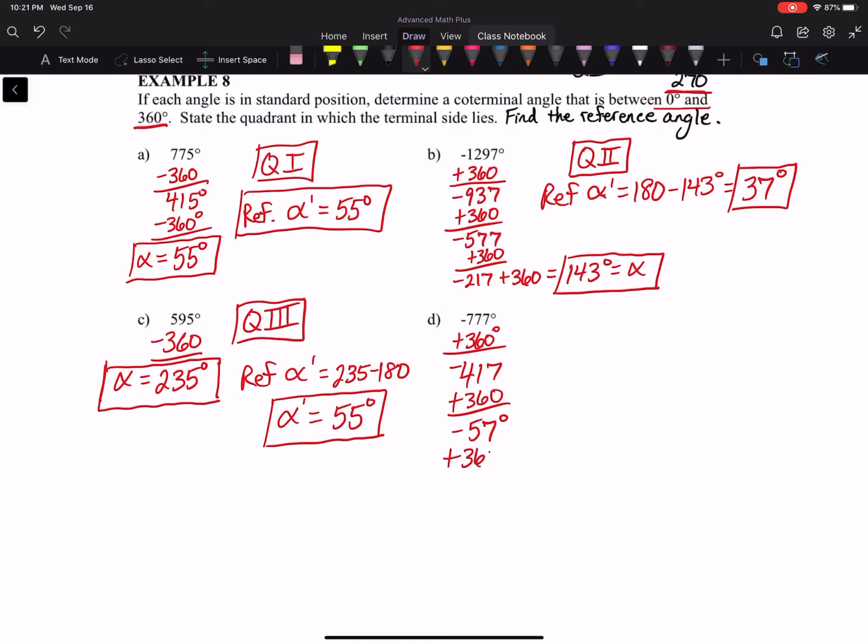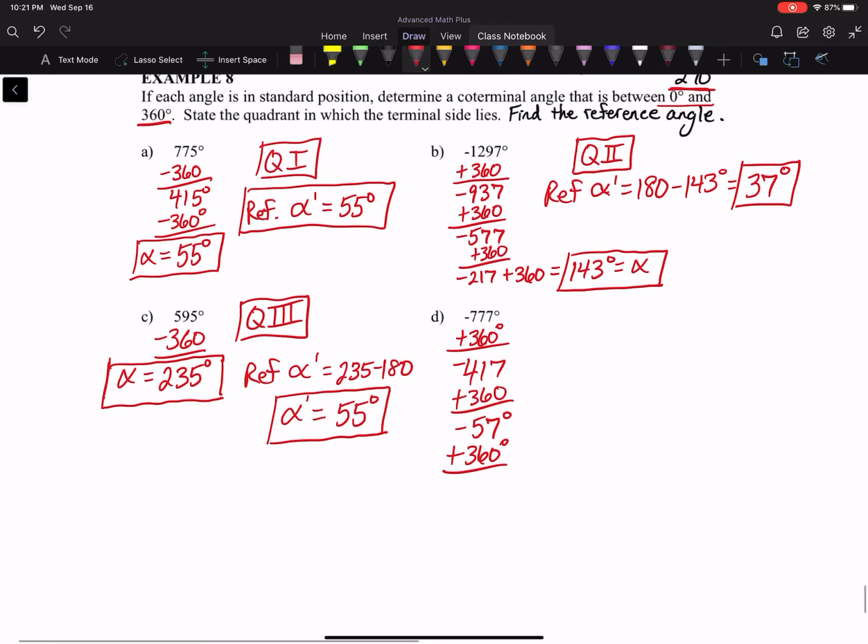And we got to add 360 one more time. And finally, we get 303 degrees. That is our coterminal angle that's between 0 and 360.